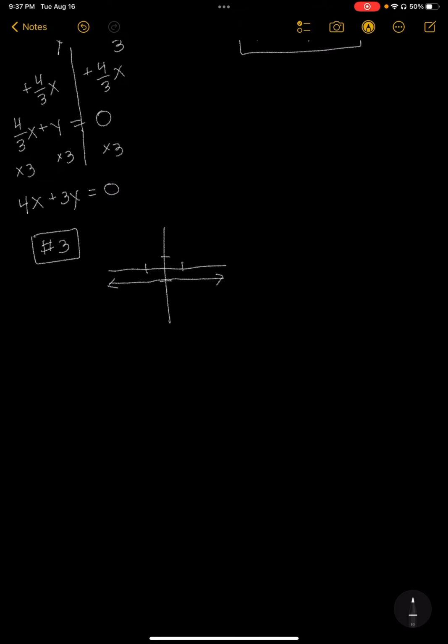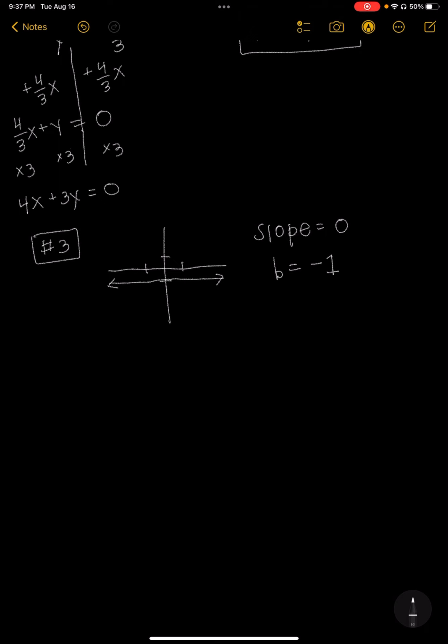When it's a straight horizontal line, we've talked about this in a previous video, it automatically means that our slope is 0. Let's find our y-intercept as well. So our b is where it crosses the y-axis, and in this case that is -1.